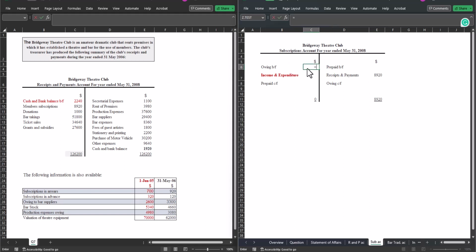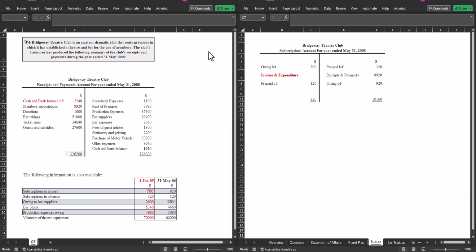Okay. Based on the information given in this question, when brought forward, our subscription in arrears at the start of the year was $700, and at the end of the current year, that figure rose to $920. On the other hand, prepayments at the start of the year was $320. However, that figure decreased to $120.